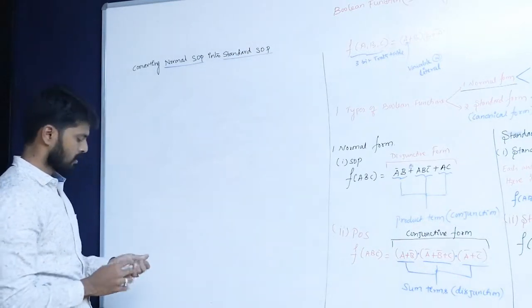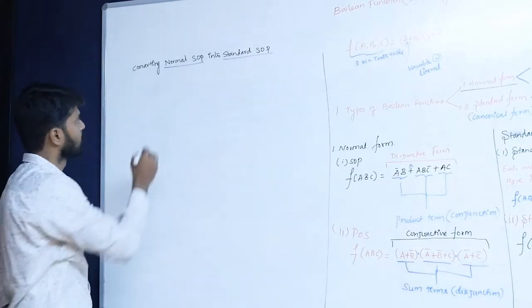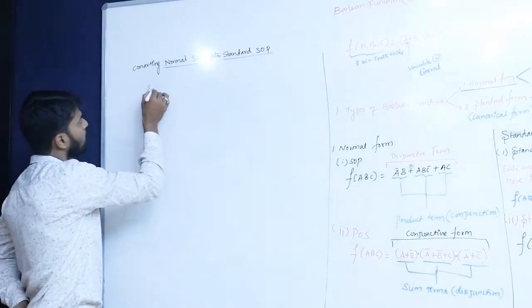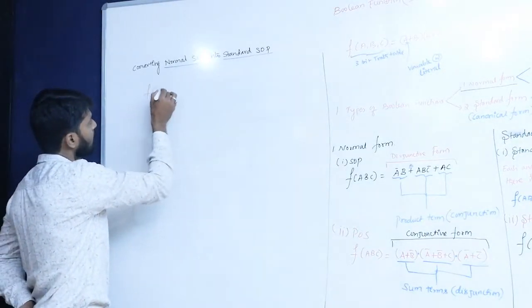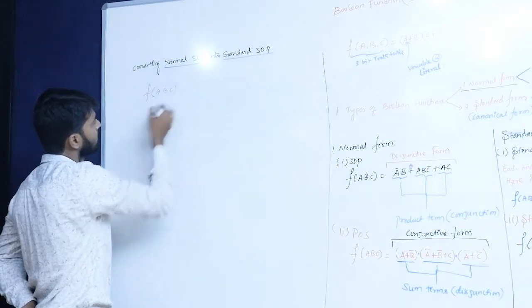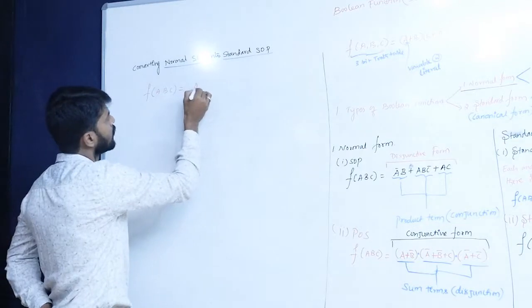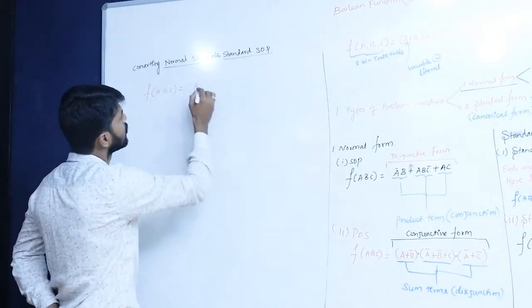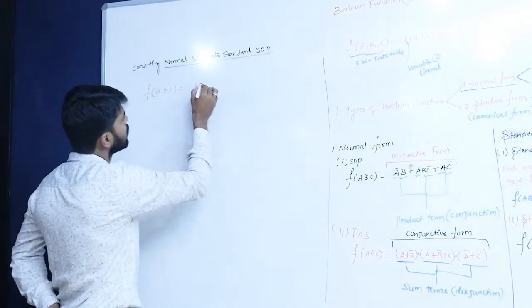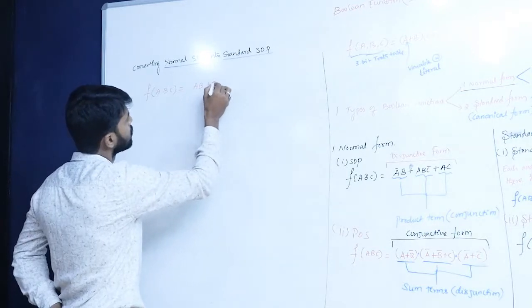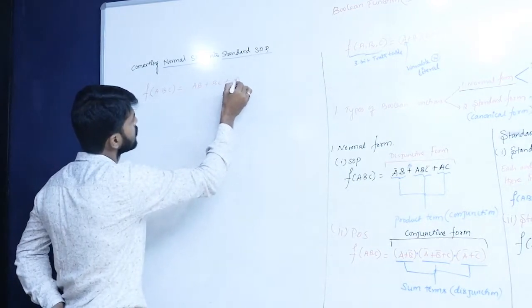So normal SOP into a standard SOP. In this case I will take one example, f of ABC is equal to AB plus BC plus AC.